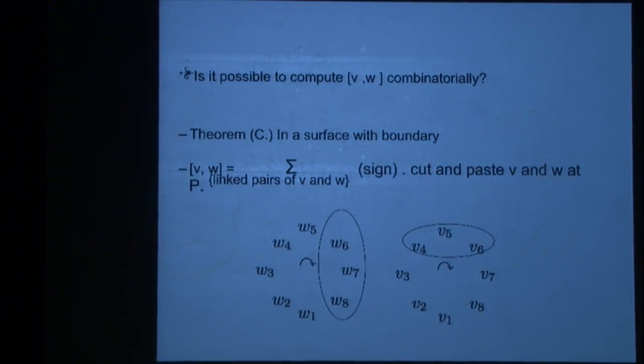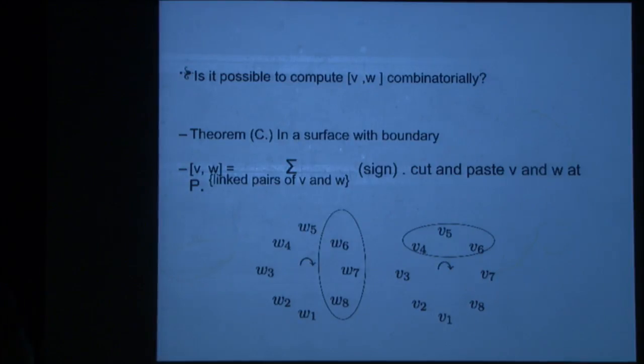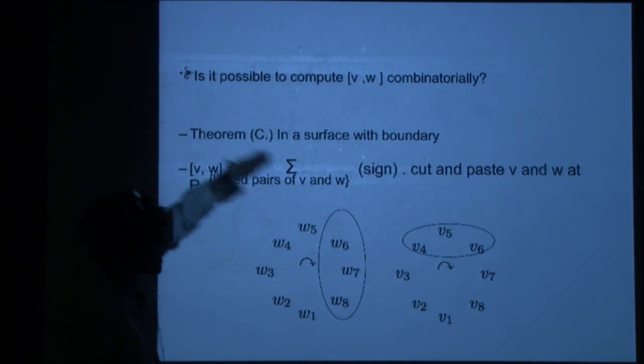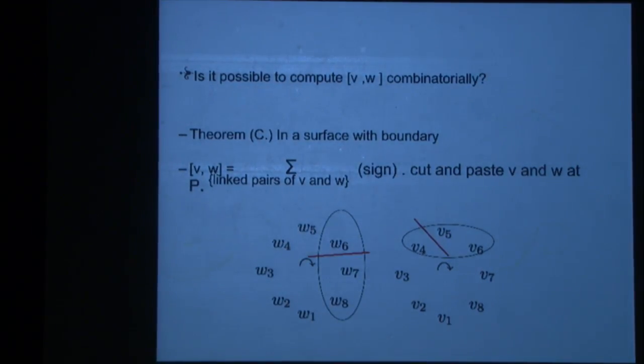How do you compute the bracket? Are you going to connect them into one color? Yes. In the geometry you have to cut them and attach them. Here the words tell you that you can cut them in certain spots.